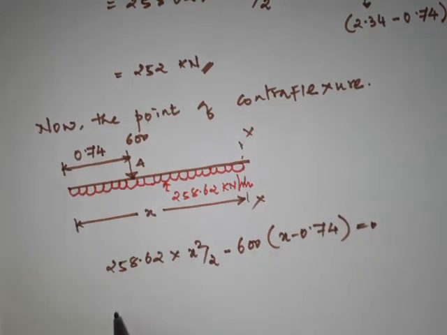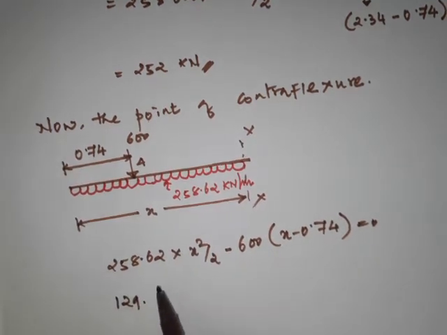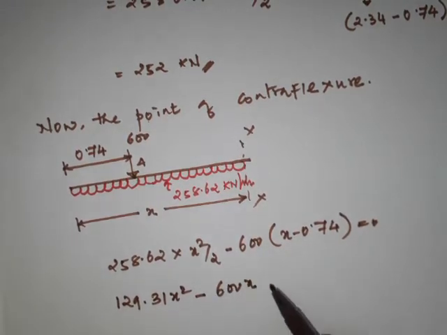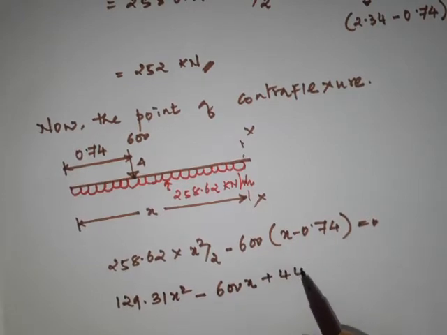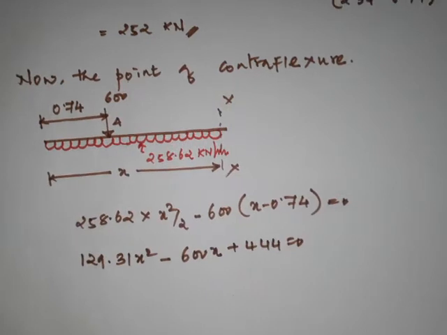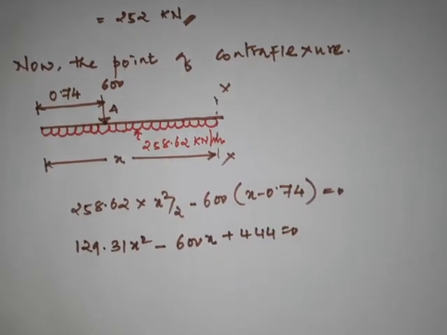So we will get 129.31 x square minus 600x plus 444 is equal to 0.